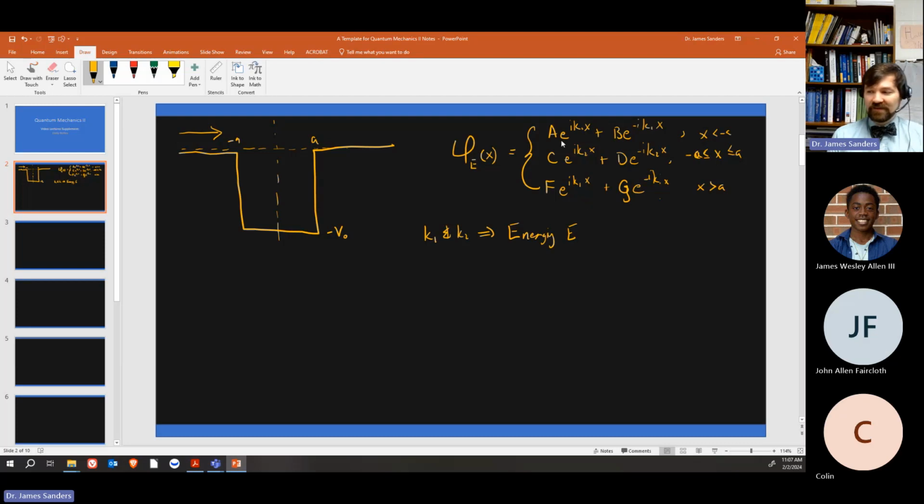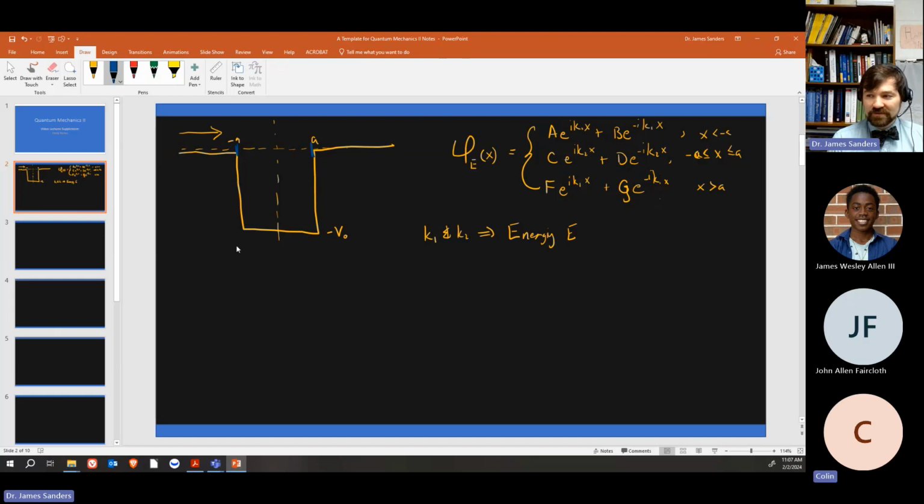All right, so 7 unknowns. Therefore, what we would normally need to do here is get for ourselves 7 independent equations in order to solve for all of this. Now, there are 2 boundaries present here. There's one boundary located here, and one boundary located here.